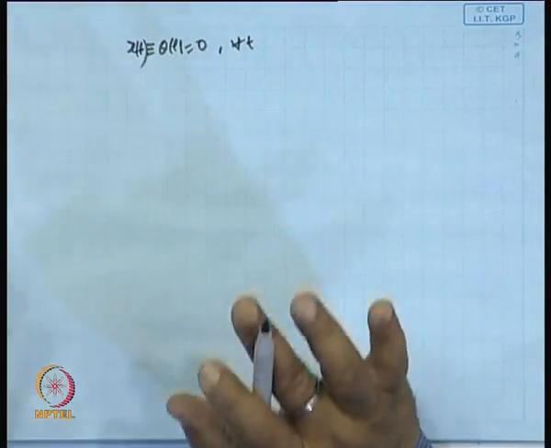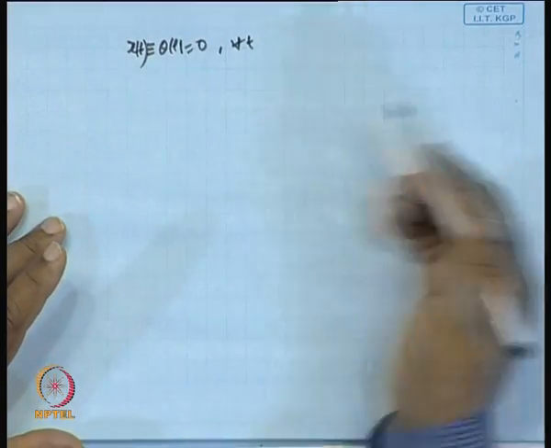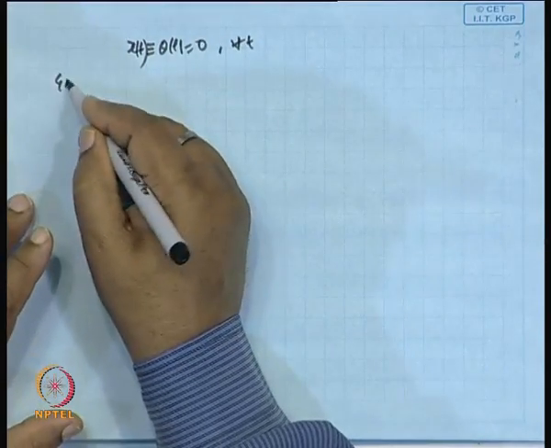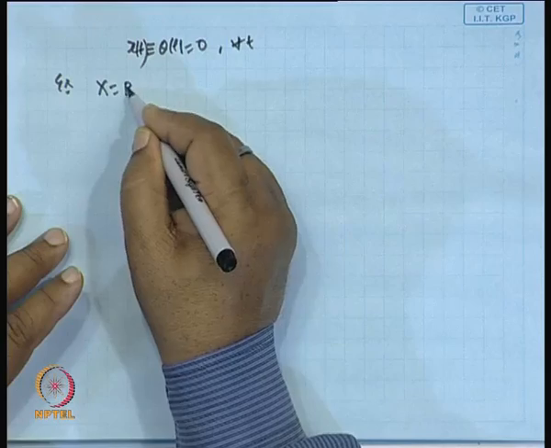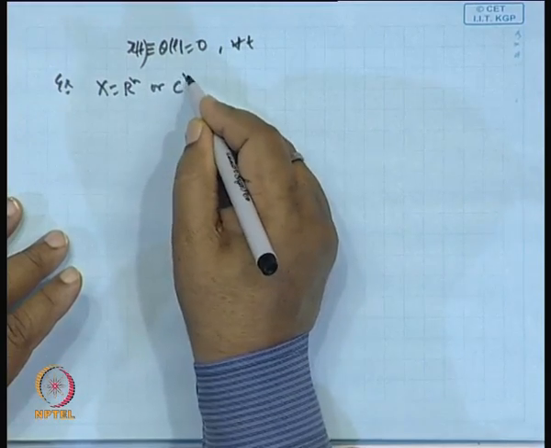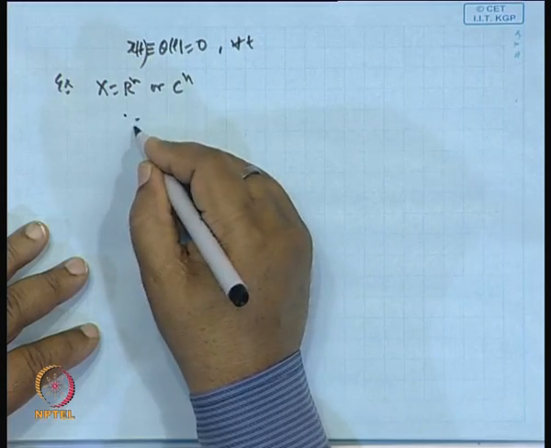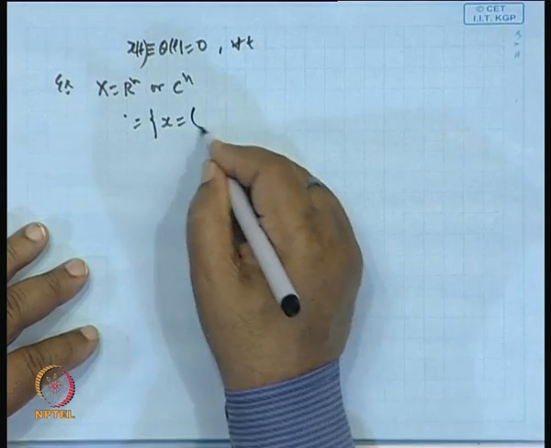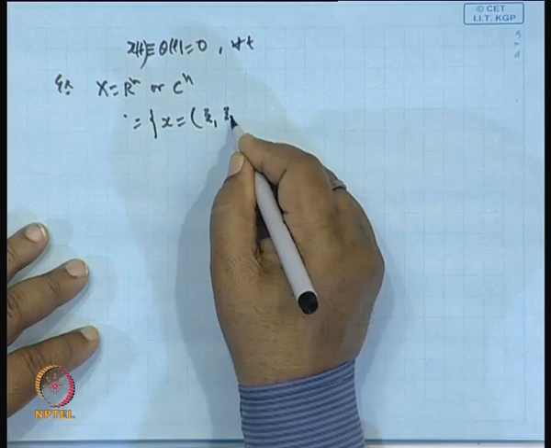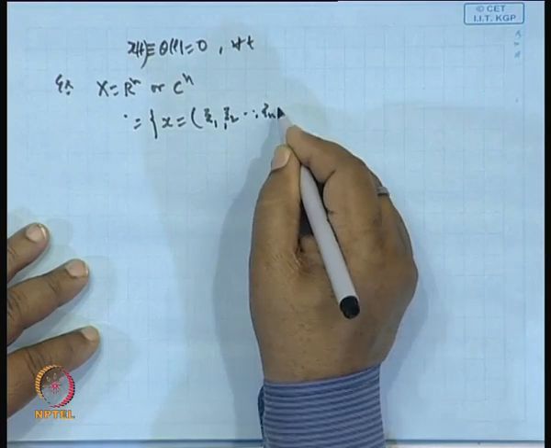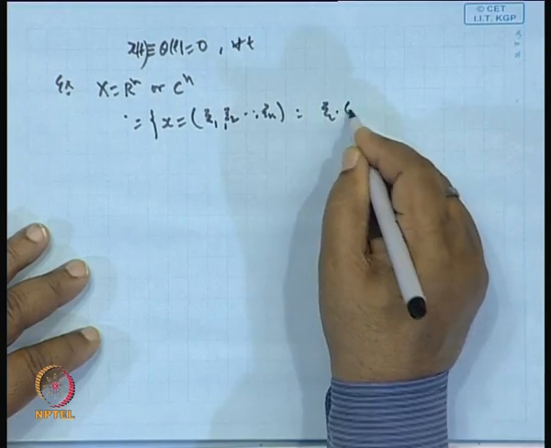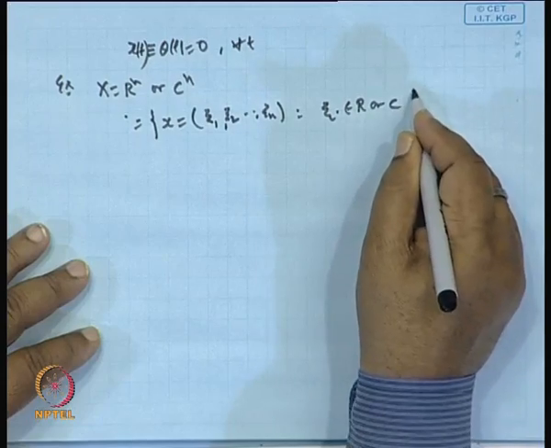So, all the properties are satisfied by this. Clear? Now, another example: say X is R^n or C^n, they also form a vector space. What is R^n or C^n? It is the n-tuples where the xi's are either real or complex.